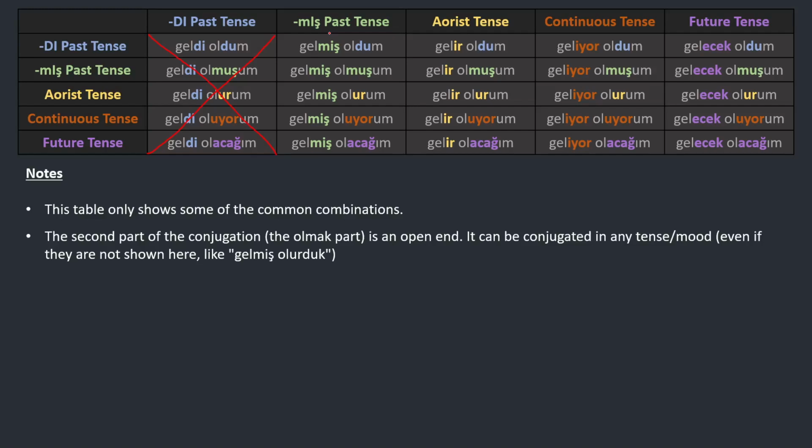It is used every time. It has all the conjugations. But with aorist, you don't really need gelir oldum, gelir olmuşum. You don't really need the first 4 ones. You can forget about these.